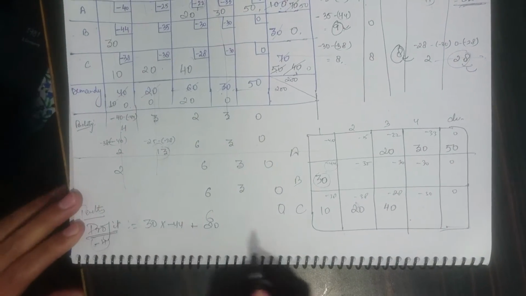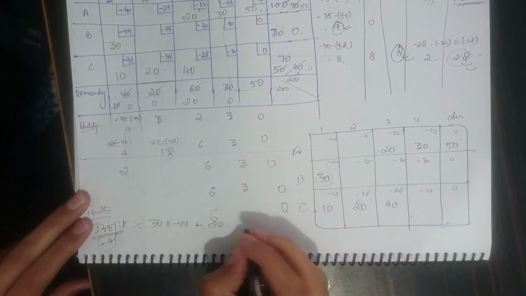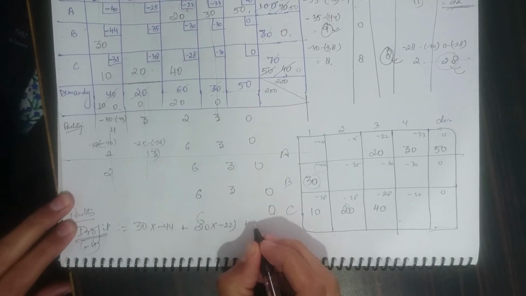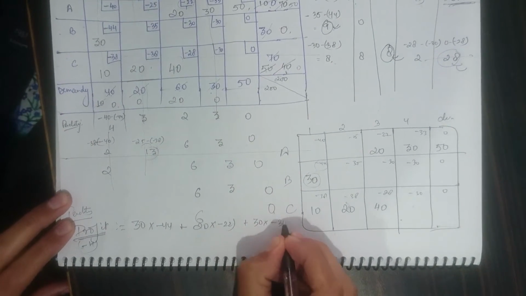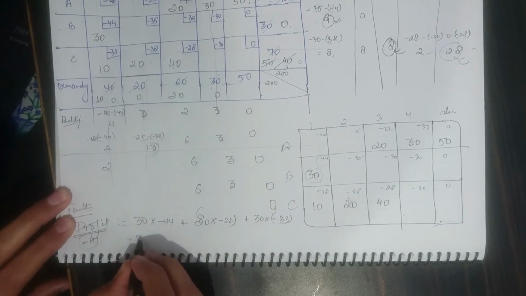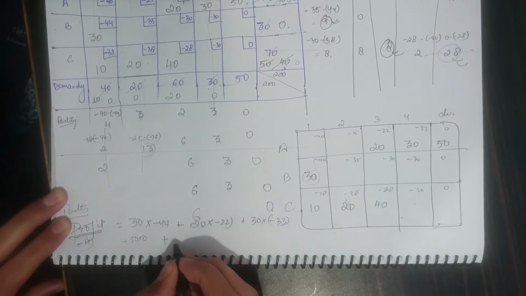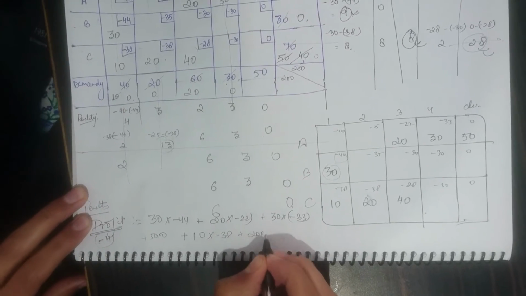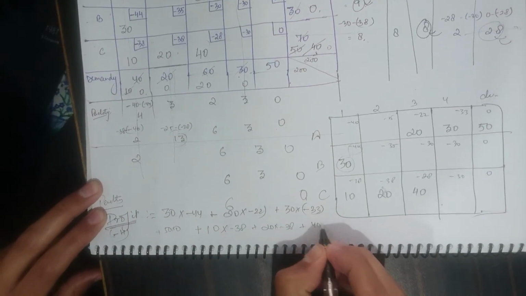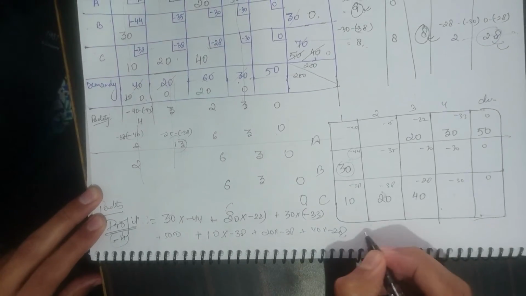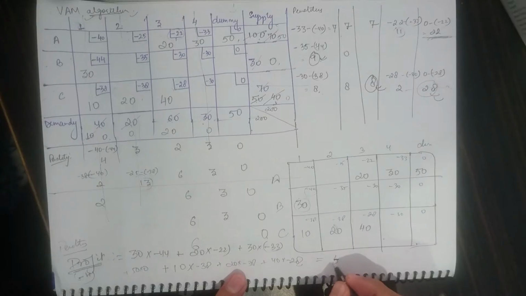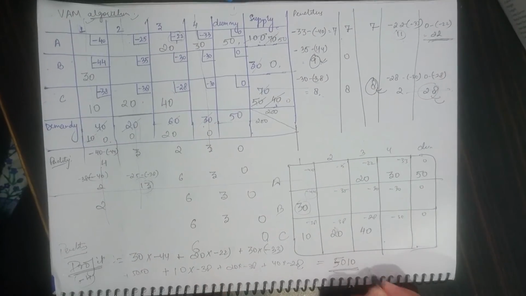So the actual profit will be the negation of the answer: 20 into minus 22, plus 30 into minus 33, plus 50 into 0 will be 0, and 10 into minus 38, 20 into minus 38, 40 into minus 28. This comes out to be 5010. I'm leaving the calculations for you.